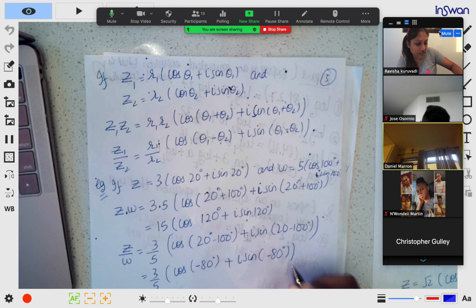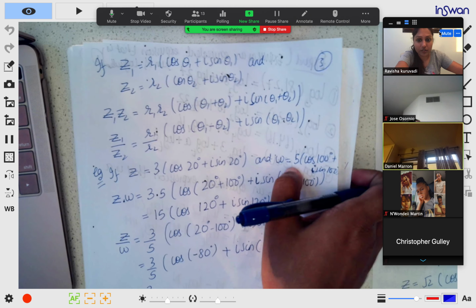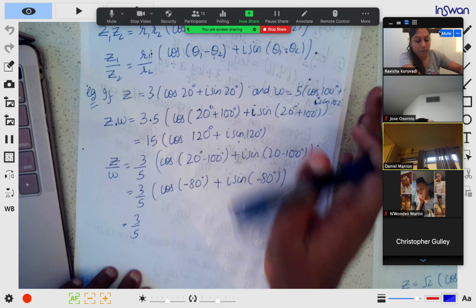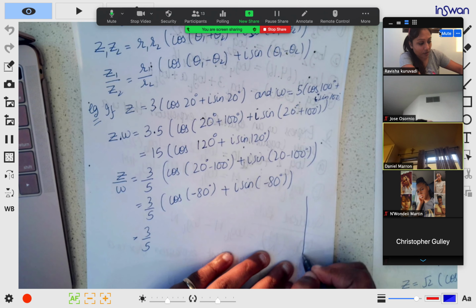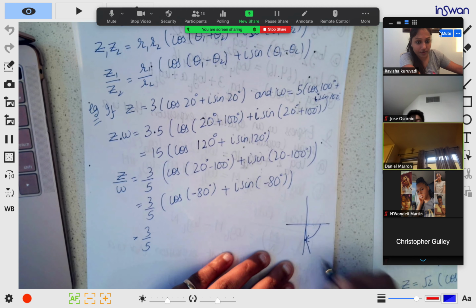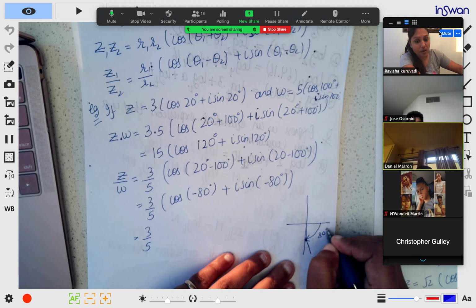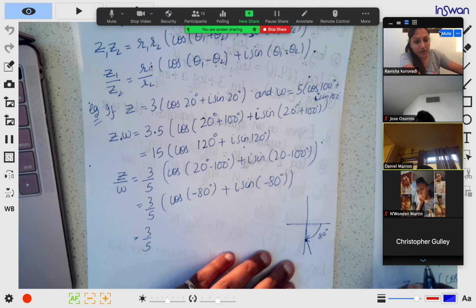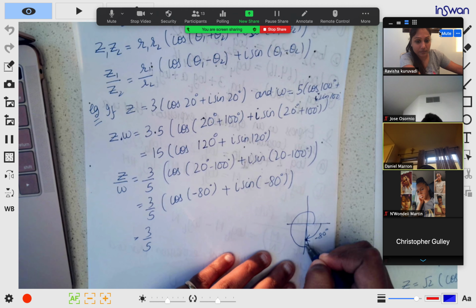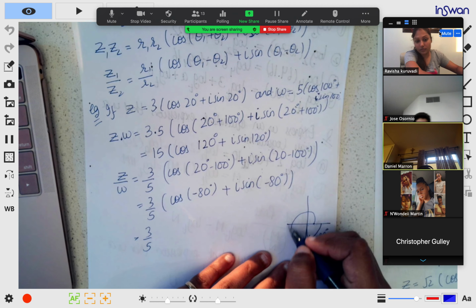Okay, I don't want to leave negative 80. I don't want to leave it as a negative angle. I want my angle to be positive. Negative 80 means from here I'm going 80 degrees, right? And I reach somewhere here. But I want positive. This is negative 80. How do I convert it into positive?